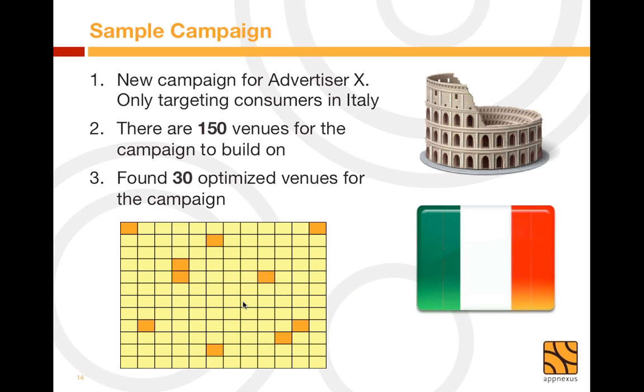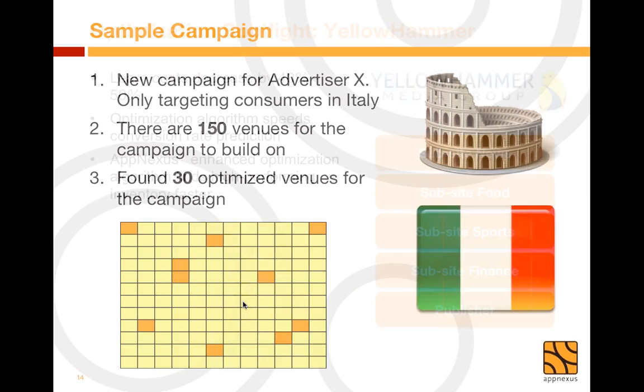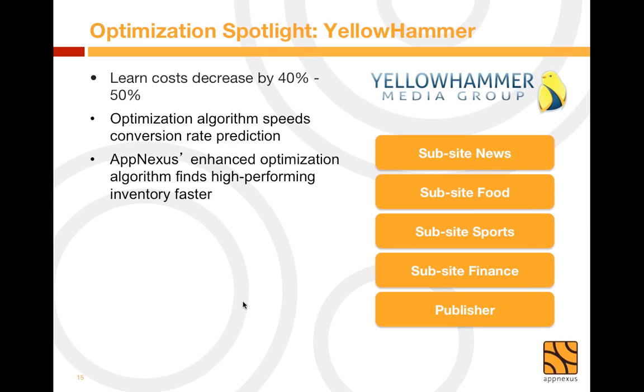And this is just done automatically, whereas the other venues will be valued at less and gradually stop receiving any sort of bids whatsoever. And so in this way, the campaign is automatically able to intelligently find and pay for the inventory that's going to deliver the performance needed for your campaign.